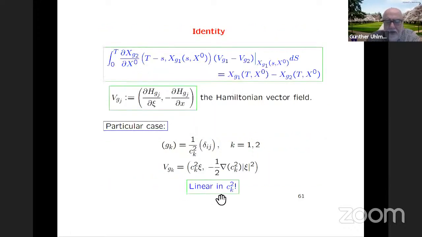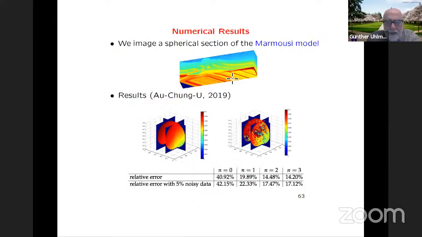Okay, and then for the nonlinear problem, the same authors did numerical experiments, which is the Marmousi model, which is a benchmark in geophysics. You want to try an algorithm. This is in 3 dimensions. So you take a section of the Marmousi model. It's very complicated. It has very complicated sound speed.